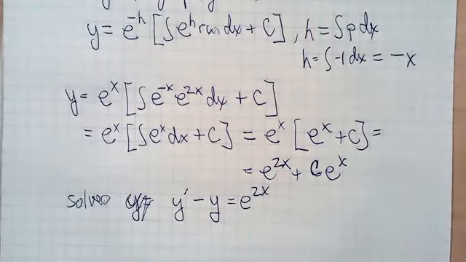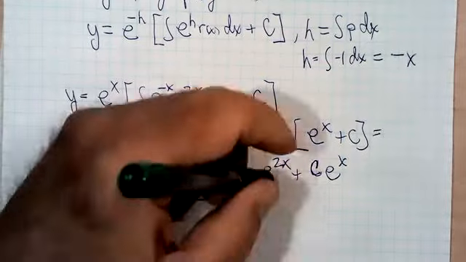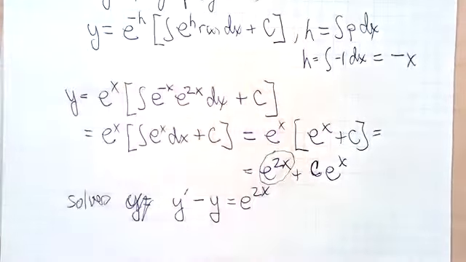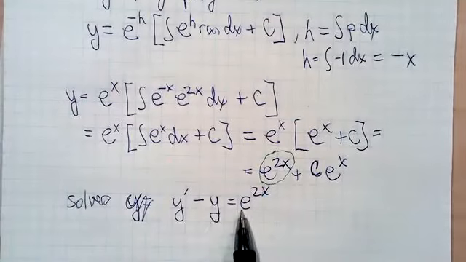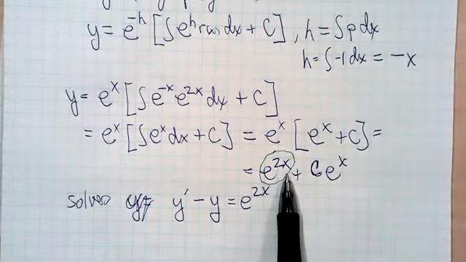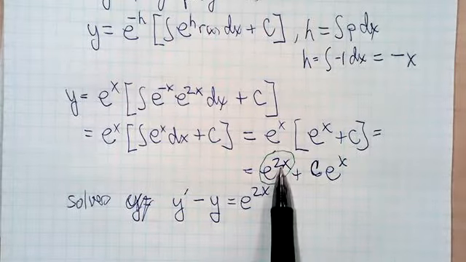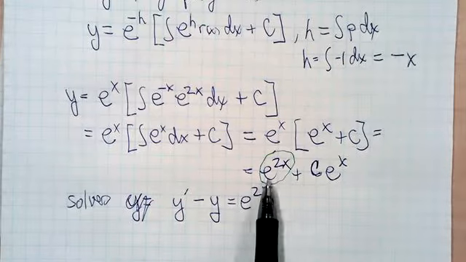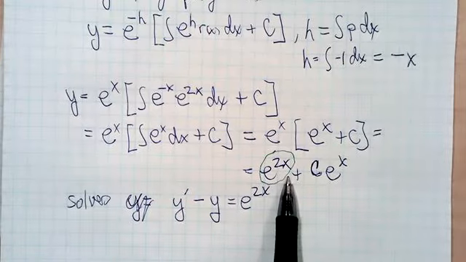Now, there's something useful to be seen here. First of all, notice if you just picked out the first term, e to the 2x, if you feed that through the left-hand side, you get the right-hand side. The derivative of e to the 2x, you get a chain rule factor of 2. So it's 2e to the 2x minus e to the 2x, 2e to the 2x minus 1e to the 2x is 1e to the 2x.